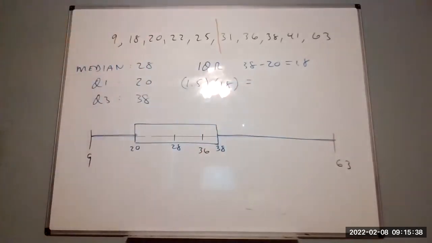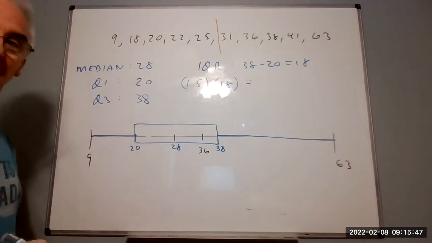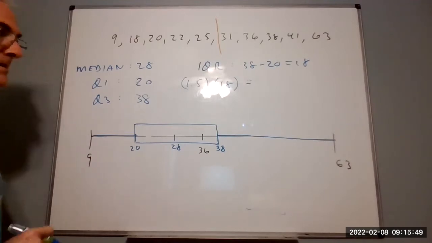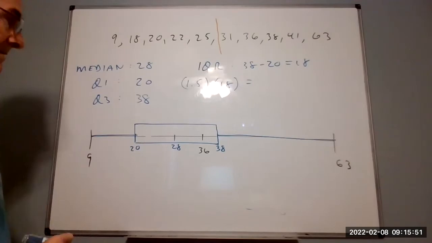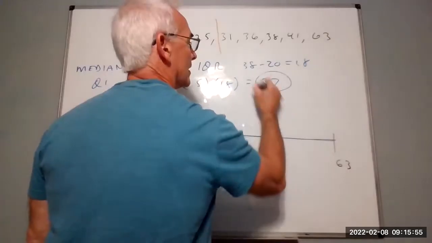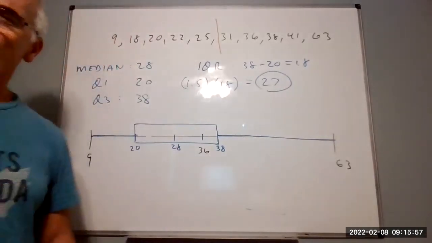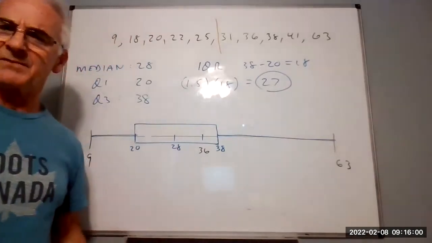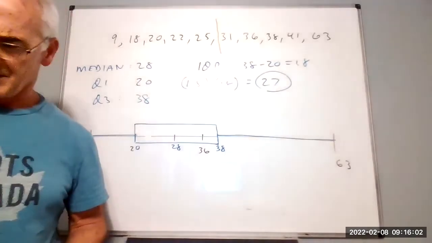Now use your calculator if you need to. What is 1.5 times the interquartile range? Exactly. 27. Now am I looking for a score of 27? What am I going to use that for?